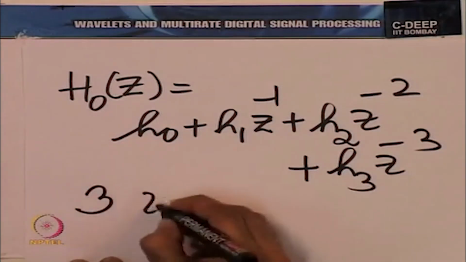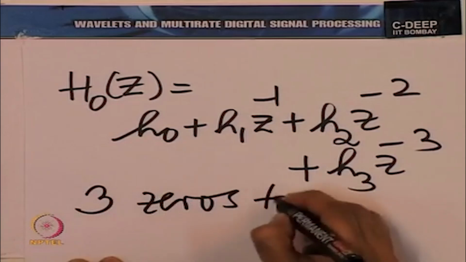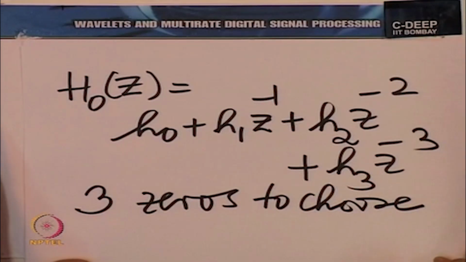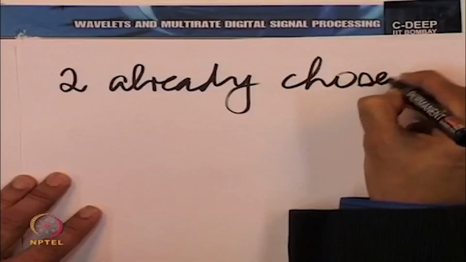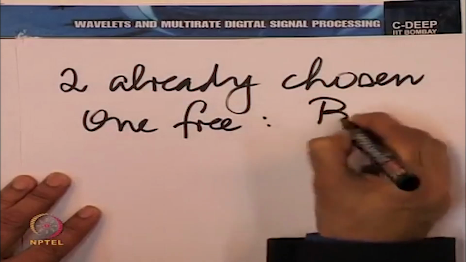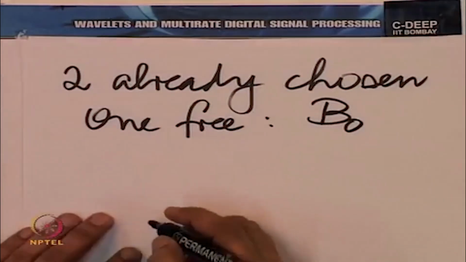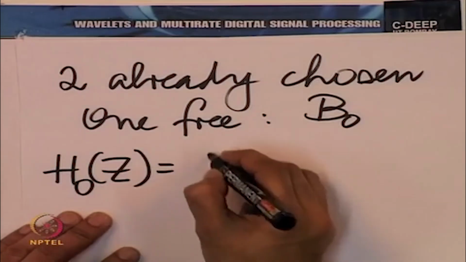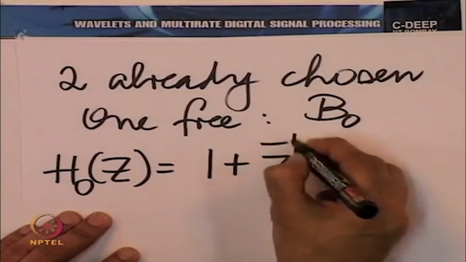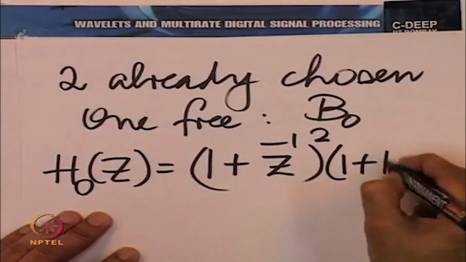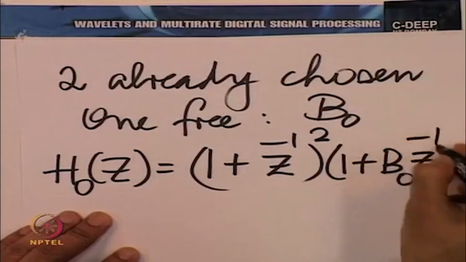So, there are 3 zeros to be chosen. Out of them, we have already chosen 2. So, we have only one free. Let that free one be at B 0. So, in all, it is very simple. We can take h 0 z to be of the form 1 plus z inverse the whole squared times 1 plus B 0 z inverse.